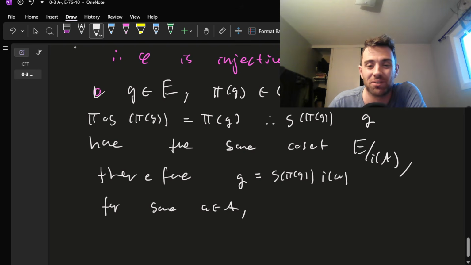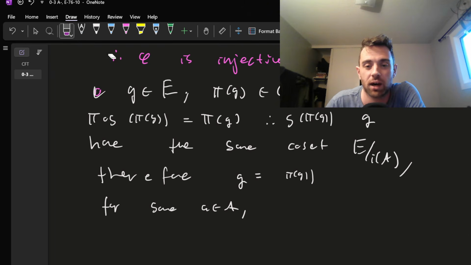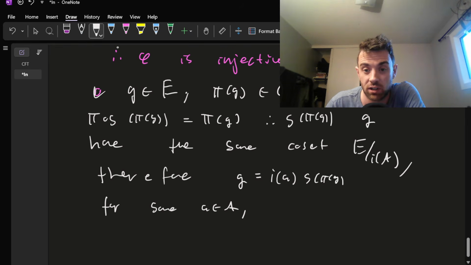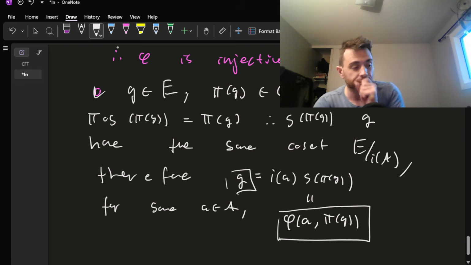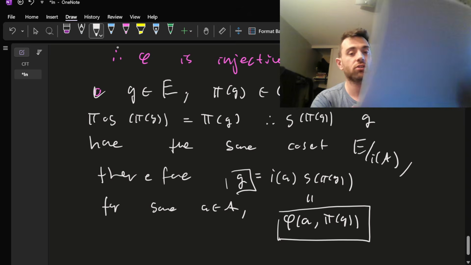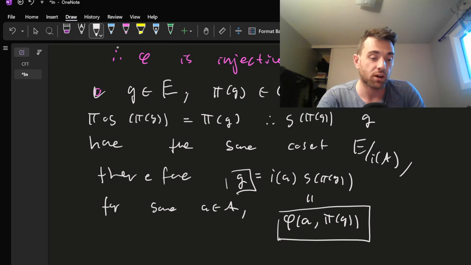Why are we done? Well, actually, because they're in the same coset, I can choose to write this on the left instead. And now we see that actually G is phi of A, pi G. And so G does get mapped to under this. Okay, so the map is injective, the map is surjective, and we're done.